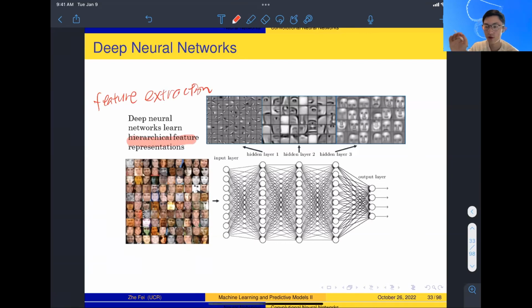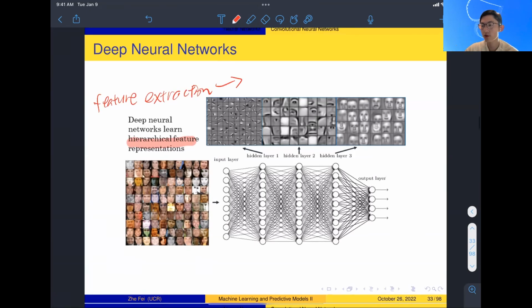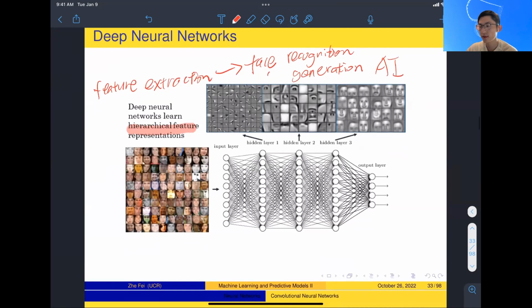You want to extract features from all the faces, and with the extraction, people could do face recognition, or actually generation. You might have heard of those AI generated faces, or AI generated celebrities. They are all based on this feature extraction as the first step, and then you can do further additional work.